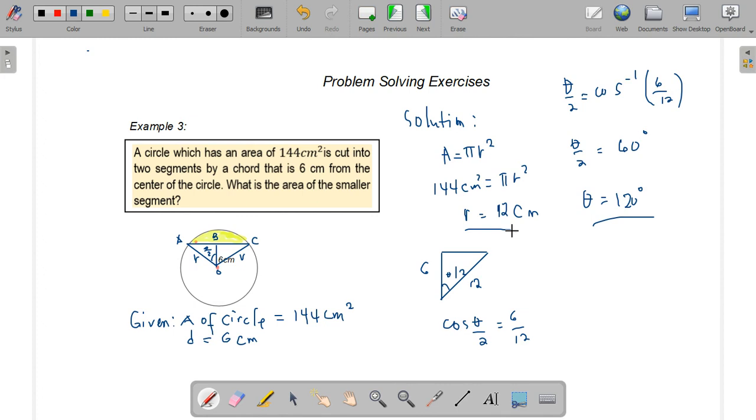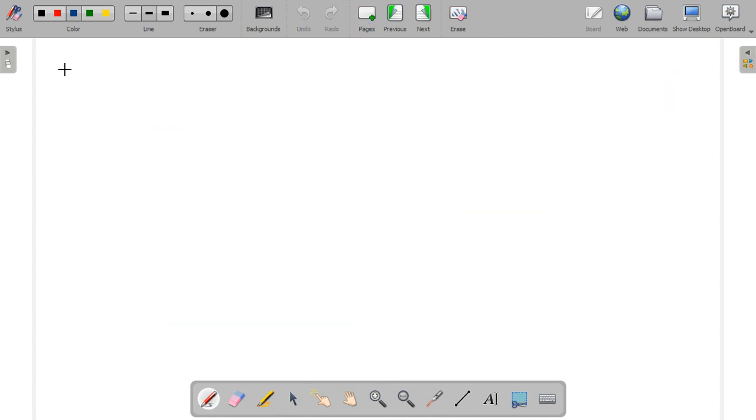Okay? So we can now compute for the area of the segment, no? So let's move to the next page. So we can solve for the area of a segment. Let's write down the formula, which is equals to 1/2 r squared theta.